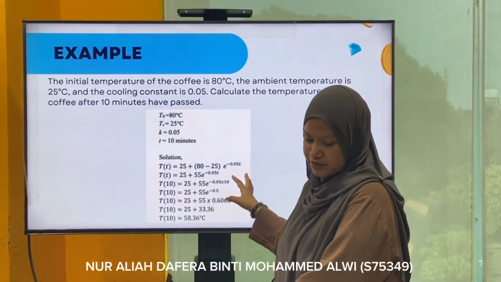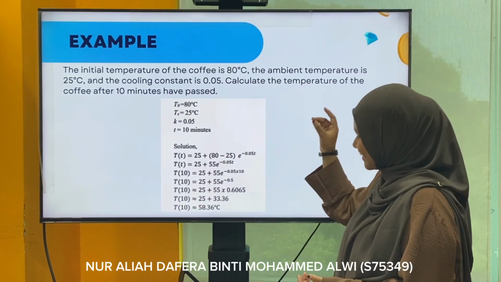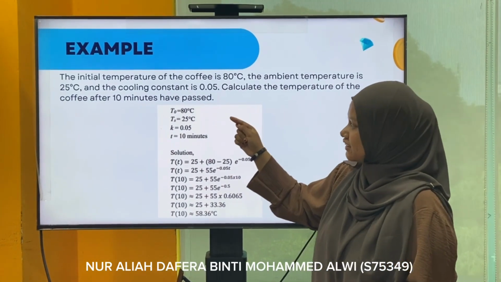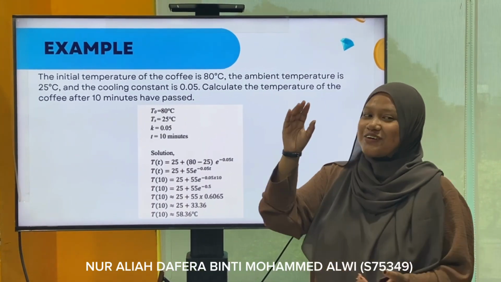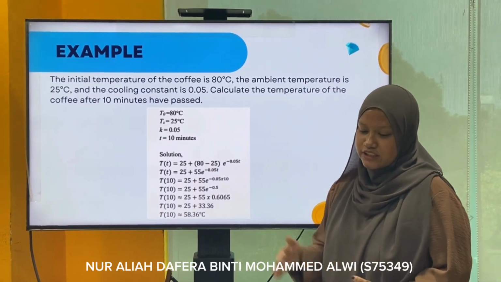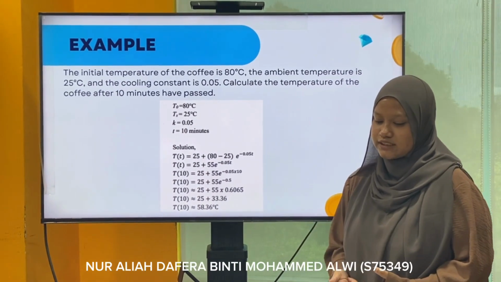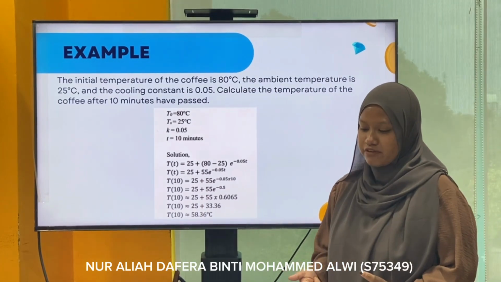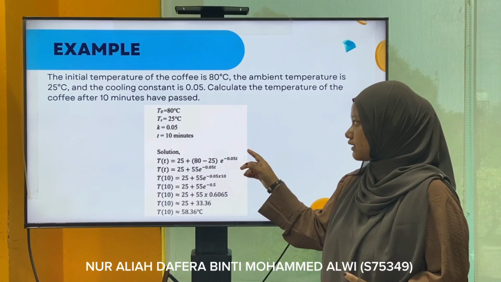For example, the initial temperature of the coffee is 90 Celsius, the ambient temperature is 25 Celsius, and the cooling constant is 0.05. We are going to calculate the temperature of the coffee after 10 minutes have passed.